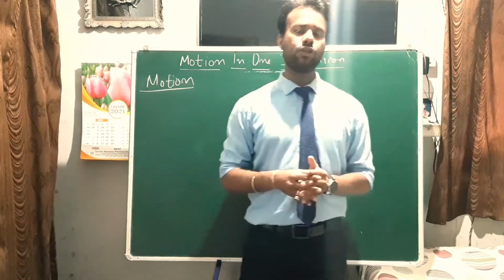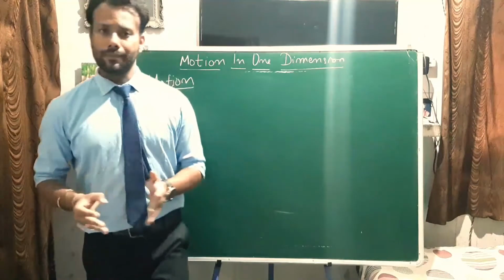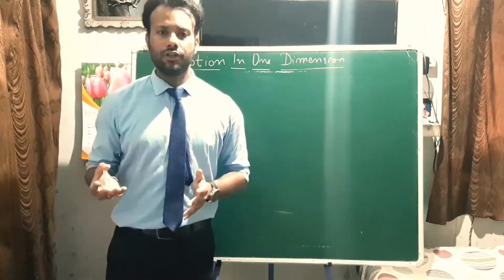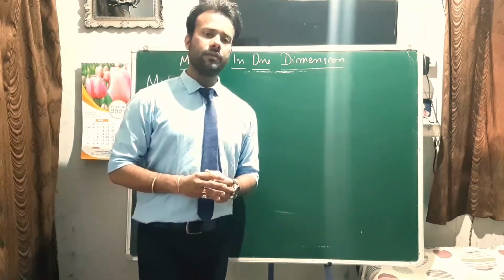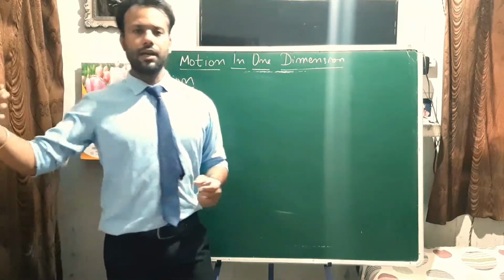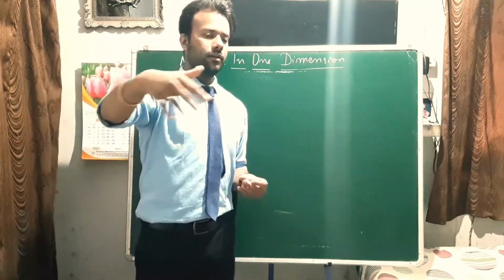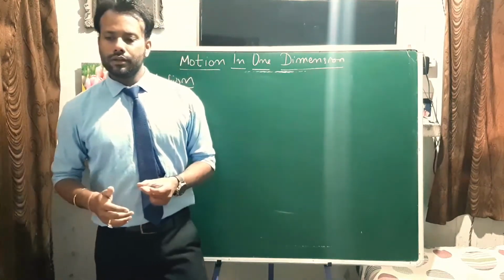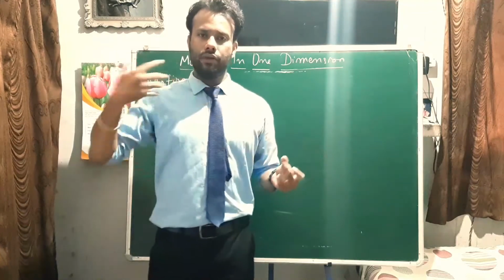But motion is basically relative quantity. It is not absolute, because it changes with the observation according to the observer, right? Suppose I'm standing here and you pass by me, suppose you are passing on the road and sitting in a car. So for you, I'm moving backwards, right?